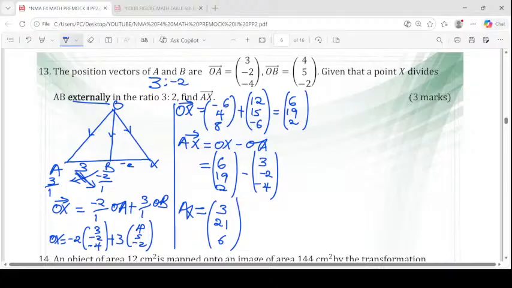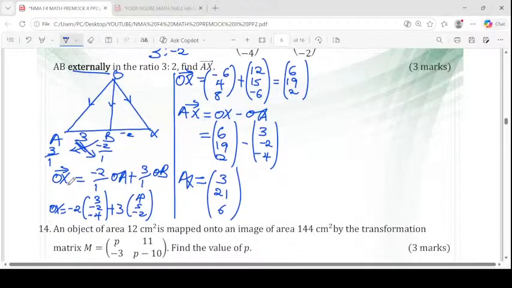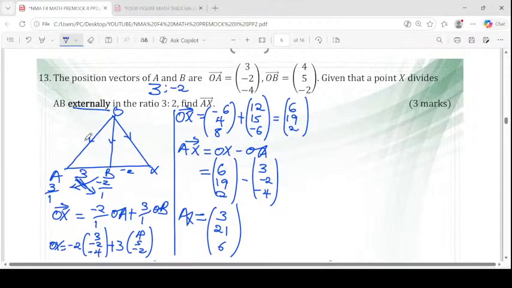With math, all you need is to do daily practice. There is nothing at all to worry about. So as I've said, the value of AX, because they want it in column vector, is (3, 21, 6).